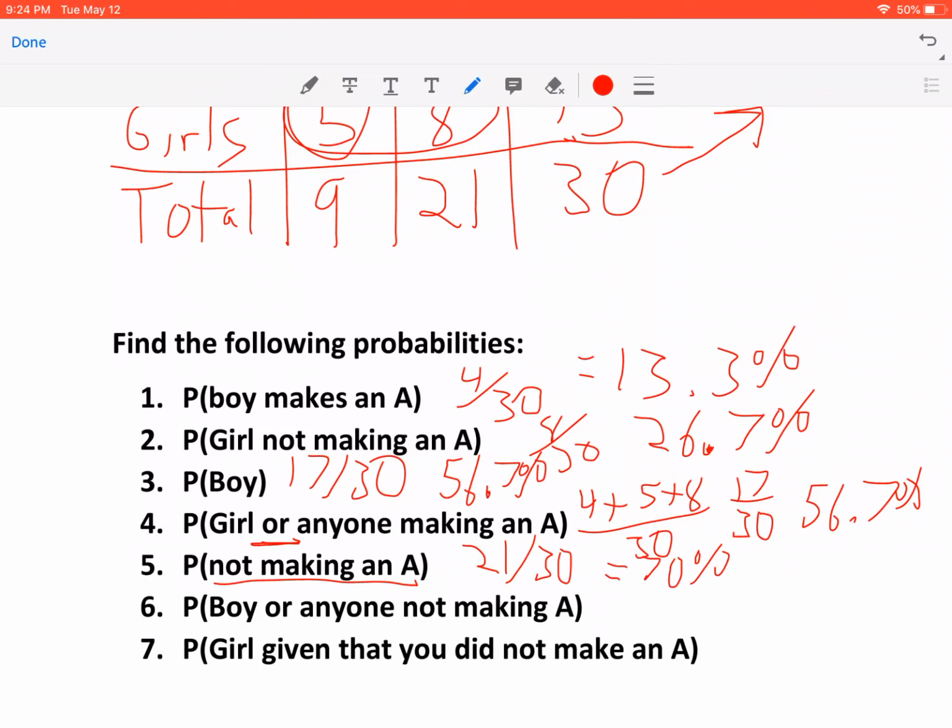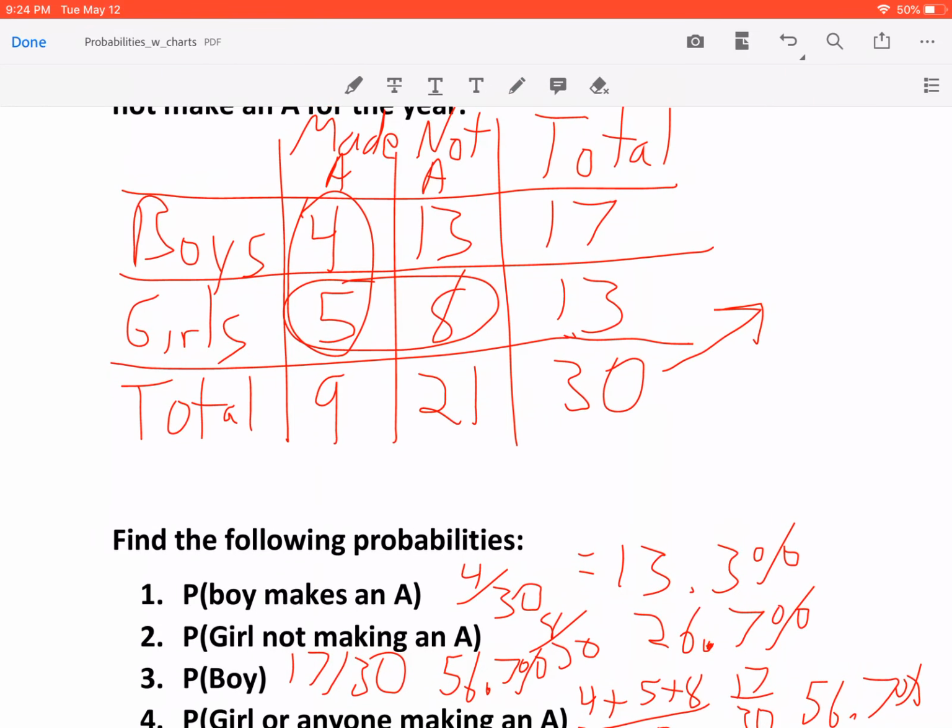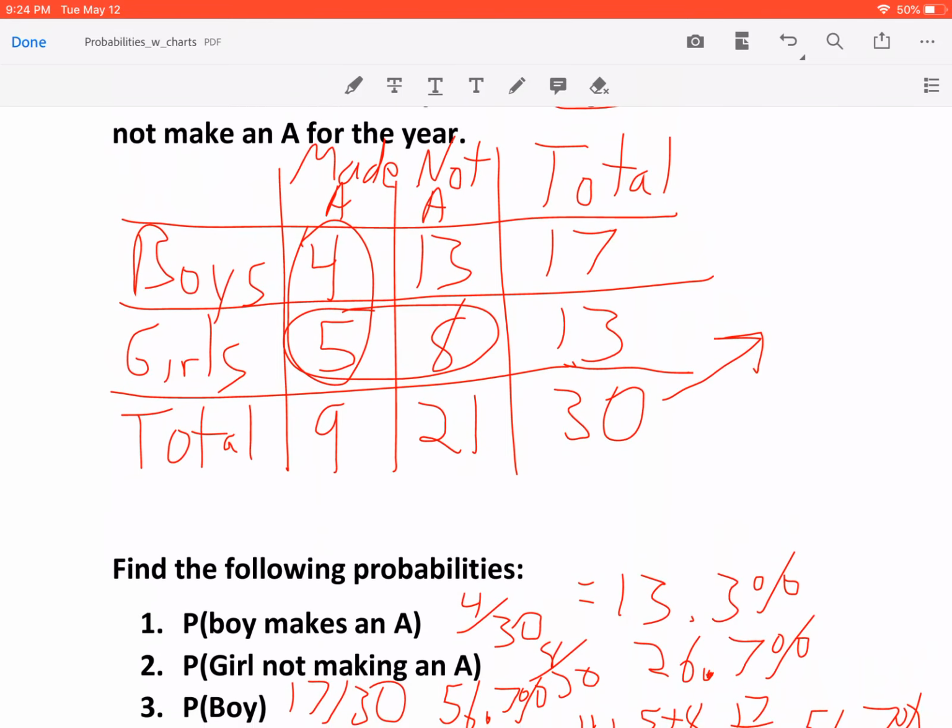Here's the word or again. Boy or anyone not making an A. So boys, there's 4 and 13, 17 total. Or anyone not making an A. I know I'm kind of getting a lot of drawn lines in here.